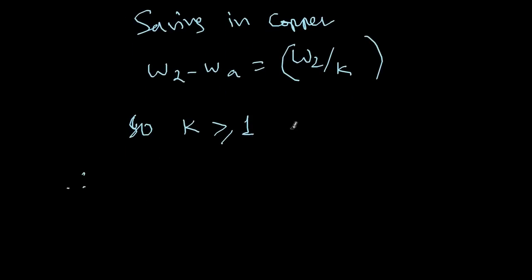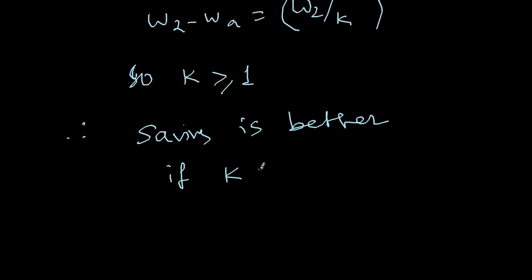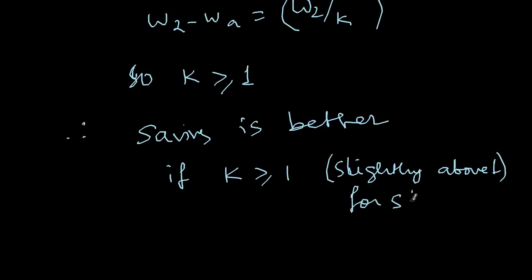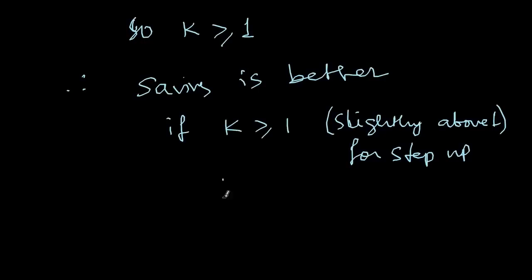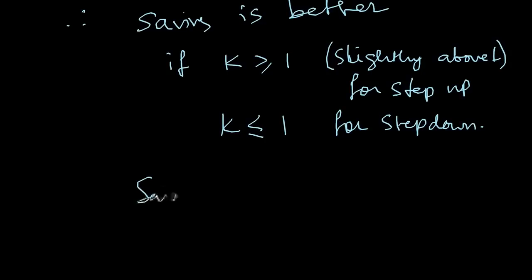So therefore saving will be better if K is slightly above 1 for step up transformer, and if K is slightly below 1 for step down transformer. So basically for auto transformer, saving of copper is better if the magnitude of K is close to 1.